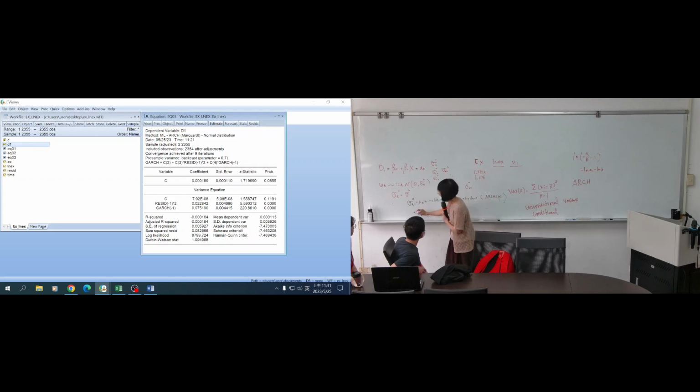Okay? So if we consider this one is not only u_t, I think it's squared, minus 1, but the previous parts of this one. So you select this one.